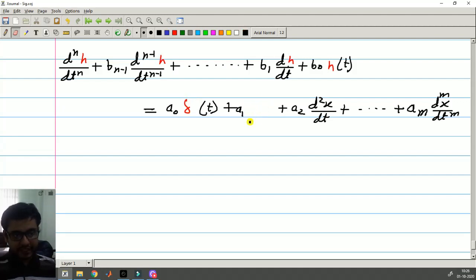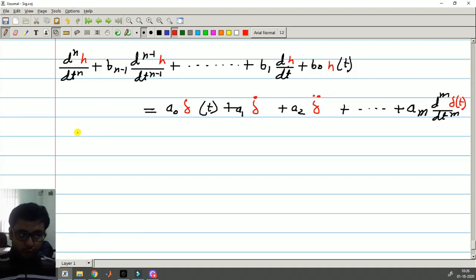This you can write as delta dot, delta double dot, and this will be the mth derivative of the delta impulse function.